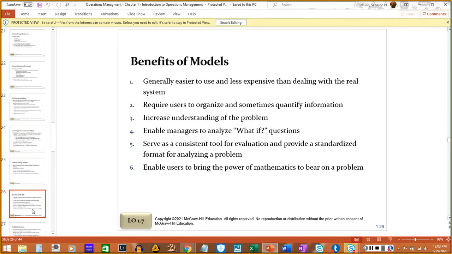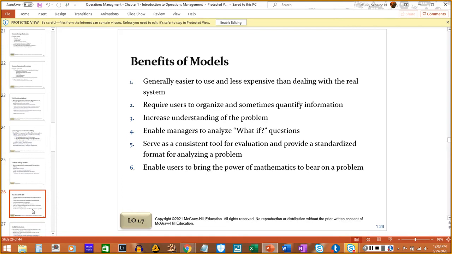The benefits of using models: one, they make things easier to do. They're easy to use and less expensive because it's not the full product. It's just giving you an idea, so you can make changes to models a lot cheaper than making changes to a product once it's been distributed everywhere.